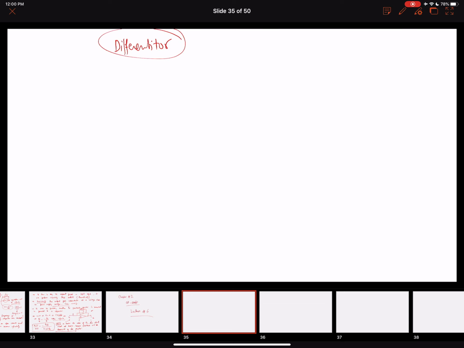So we are going to develop this differentiator. The circuit is an inverting configuration, so we're going to have a ground here. Rather than having a capacitor in the feedback loop, now we have a capacitor connected in series to the input. It's almost opposite to what we had for the integration.